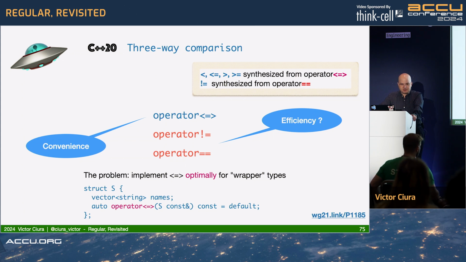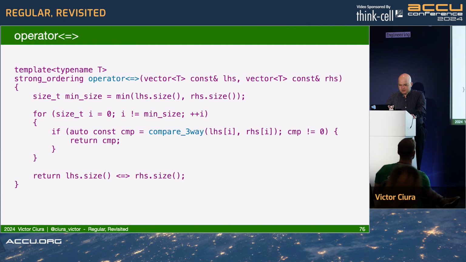So you can actually define three-way comparison and provide a custom equality, and you should. Why? Because performance. Let me show you an example.